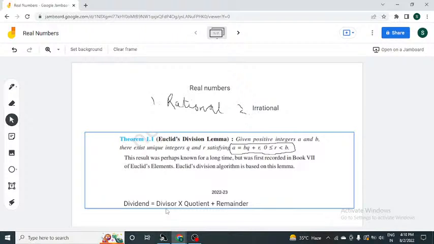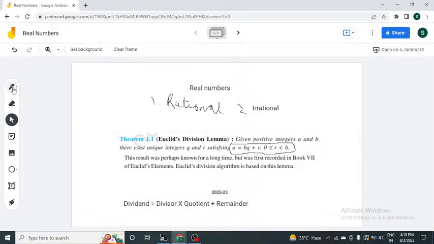So R can never be greater than the divisor, and we can write a division statement to quickly recall what is a dividend, what is a divisor, and what is a quotient.